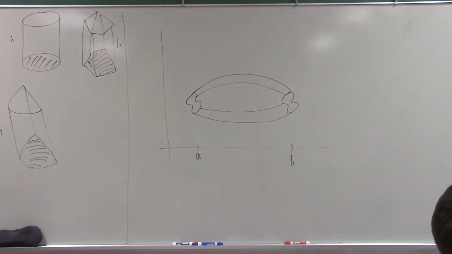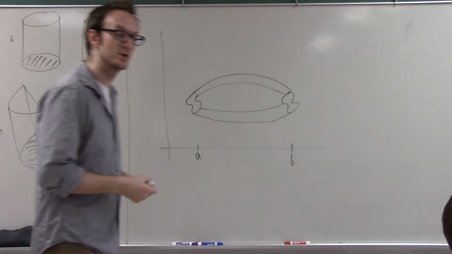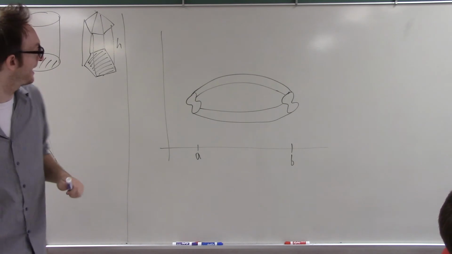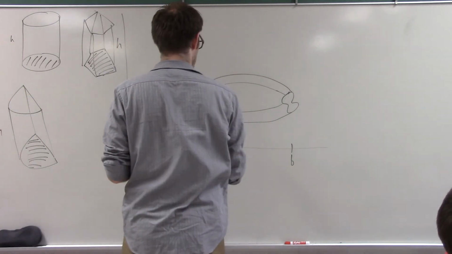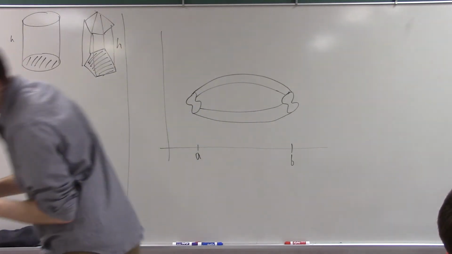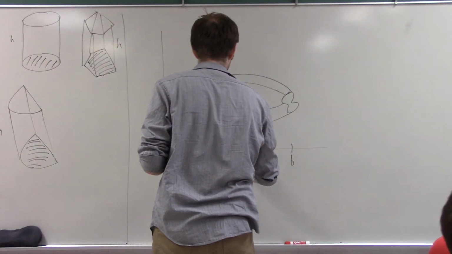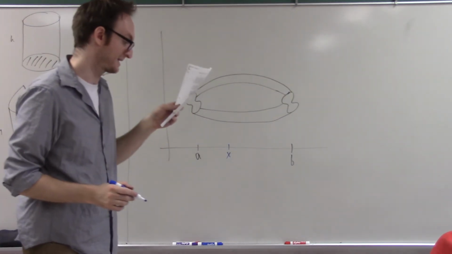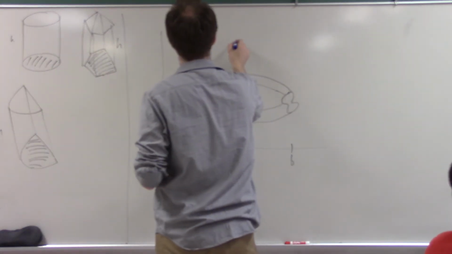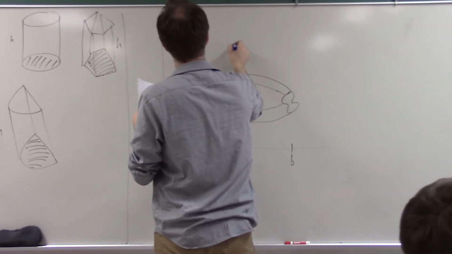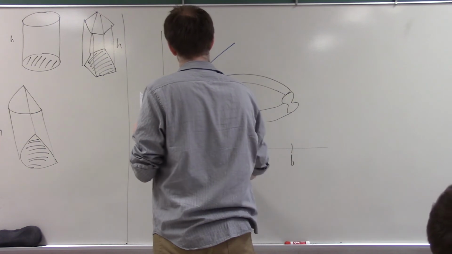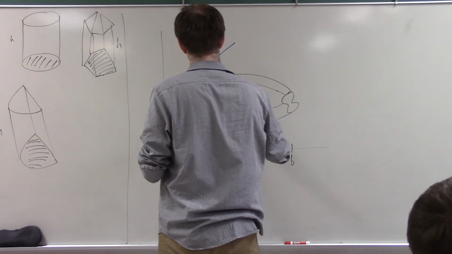Well, can I figure out what the volume of one slice is? Yeah, I can do this, watch. This is the kind of part that's a little bit hard to draw, which is why the picture is helpful. So here I pick an arbitrary point x on the x-axis, and I slice a plane through the fish.